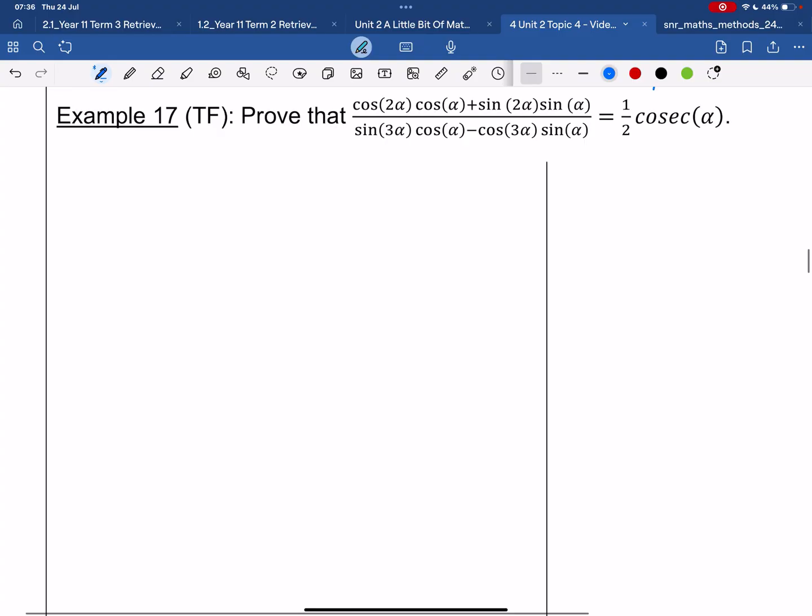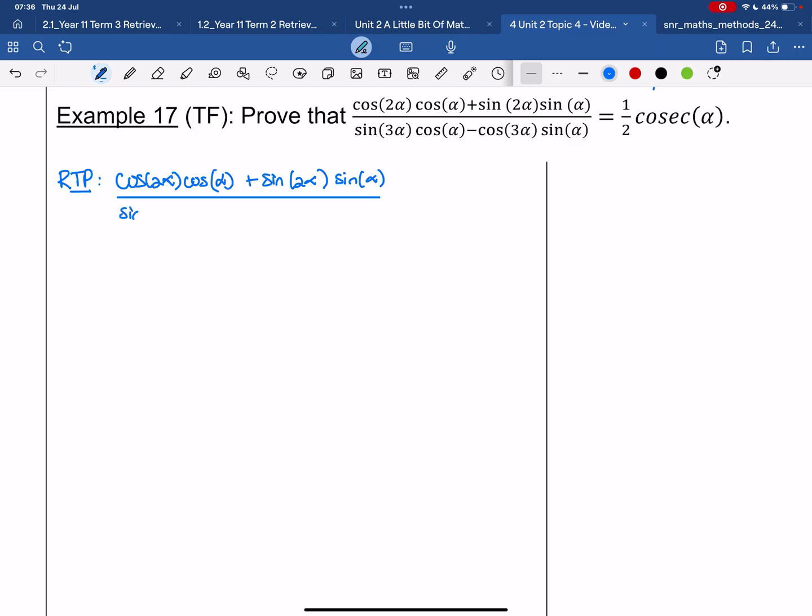So our format for our proof shows that we need to say required to prove, and we're going to write our cos of 2 alpha cos of alpha plus sine of 2 alpha sine of alpha over sine of 3 alpha cos of alpha minus cos of 3 alpha sine of alpha, and that's equal to half cosec alpha.